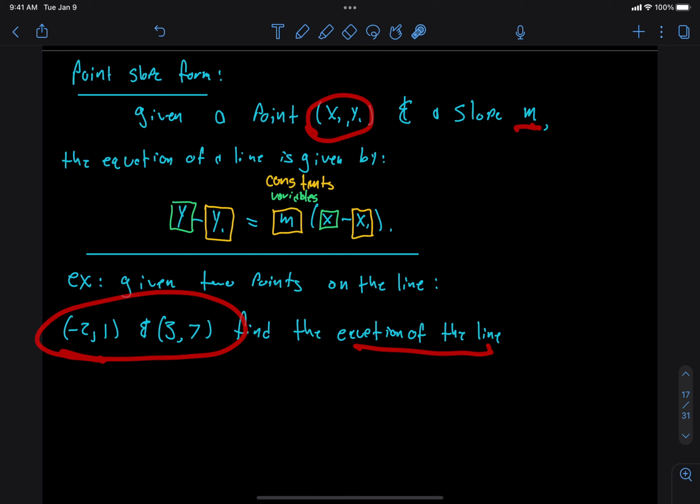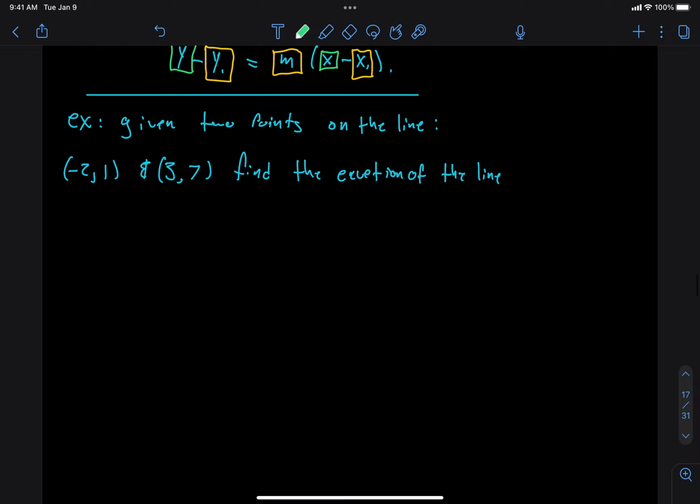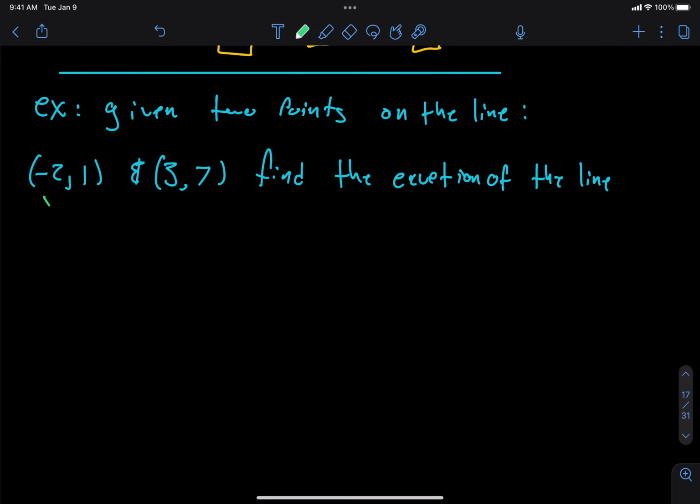I can find the slope first using the methodology which we described in class last time. Namely, I can take this one to be x1, y1, and I can take this one to be x2, y2.